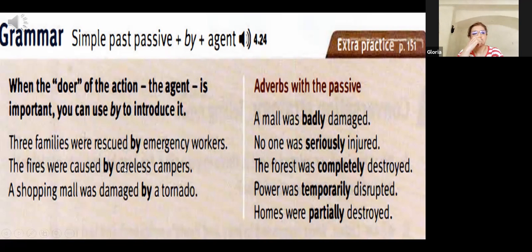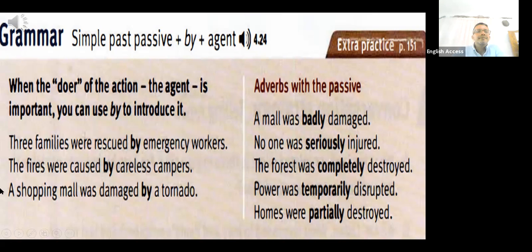Sorry, page 121. 2. Go back. Grammar. Simple past passive plus by plus agent. When the doer of the action, the agent, is important, you can use by to introduce it. 3 families were rescued by emergency workers.